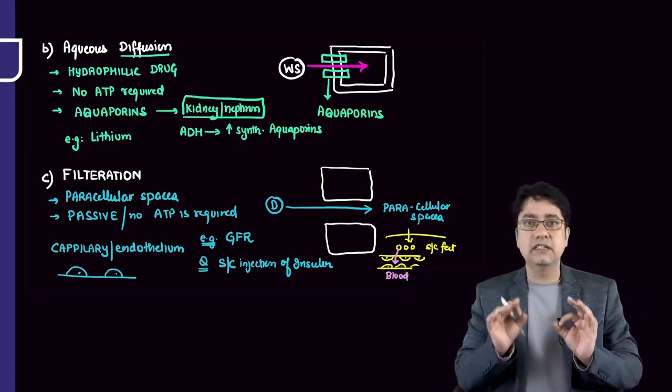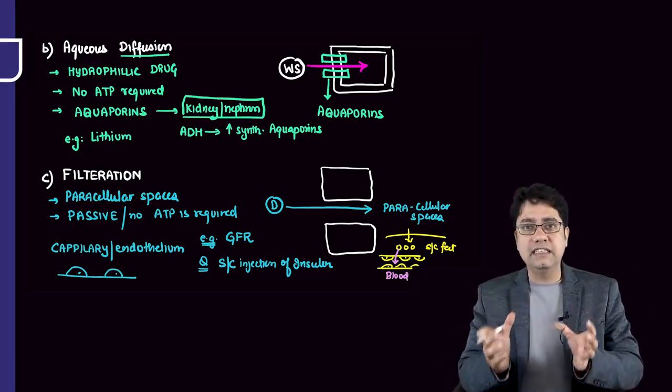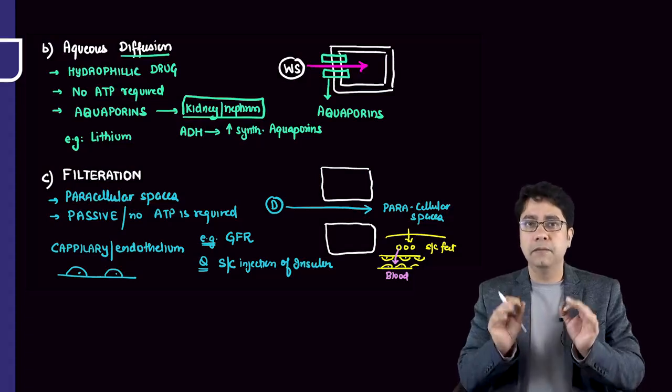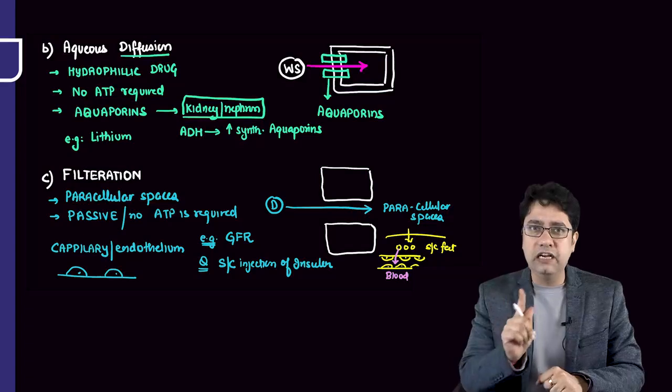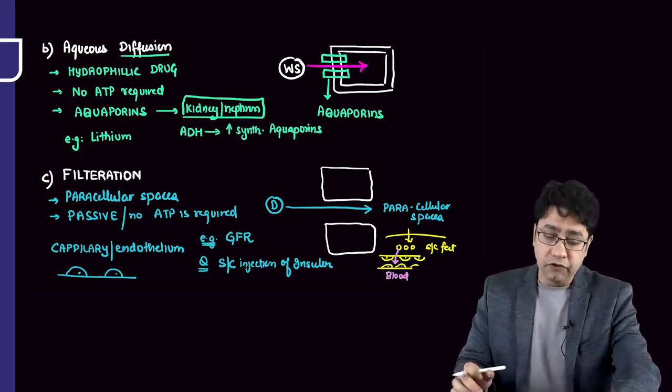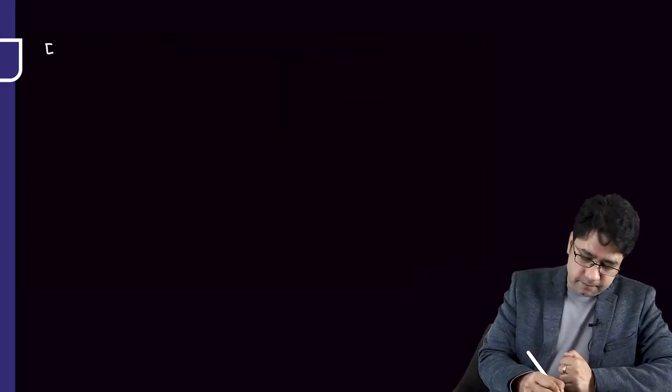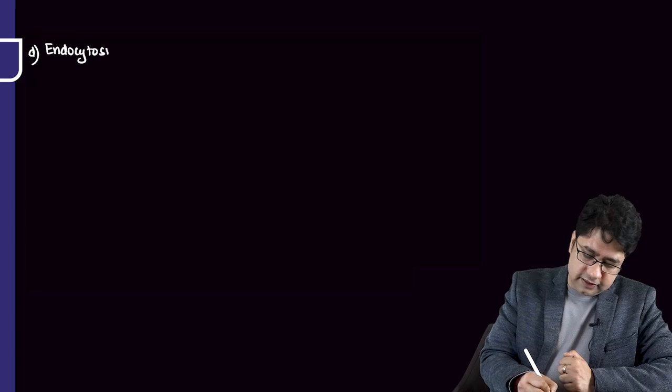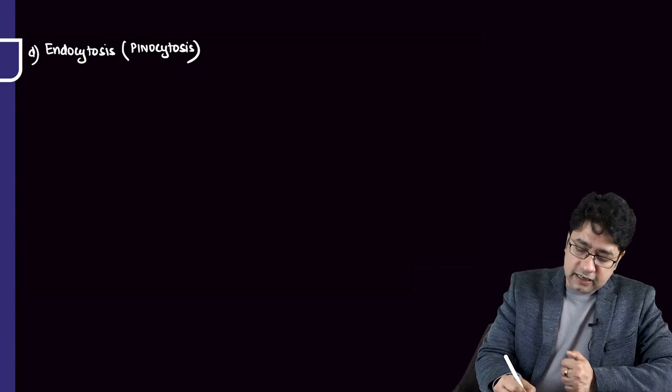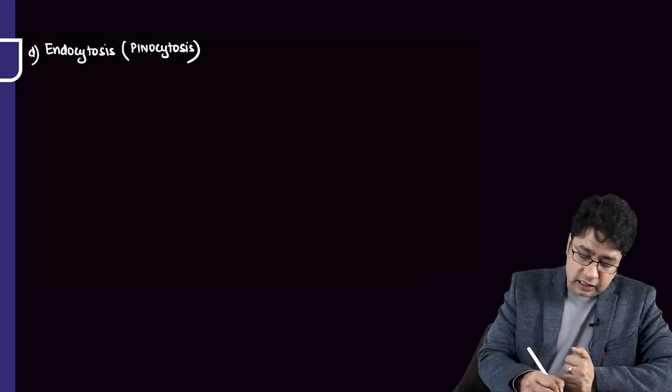So a subcutaneous injection of insulin gets absorbed into the blood by a process known as filtration. Now the fourth point we will write is endocytosis. Endocytosis, also known as pinocytosis. In endocytosis or pinocytosis, large proteins can be absorbed.